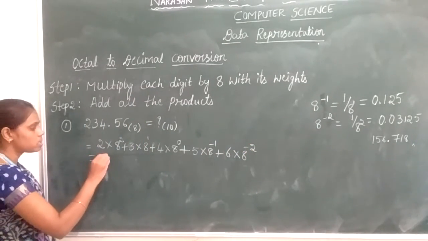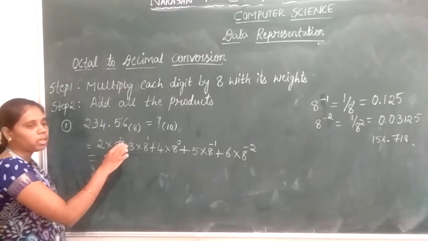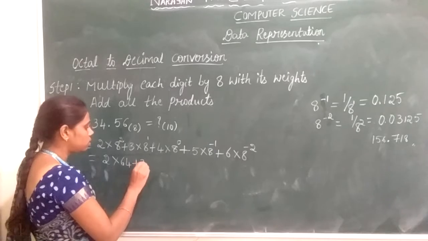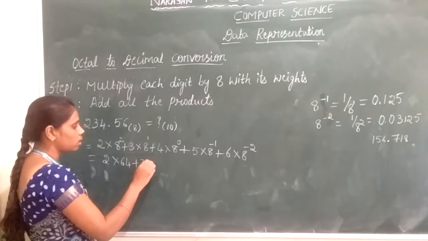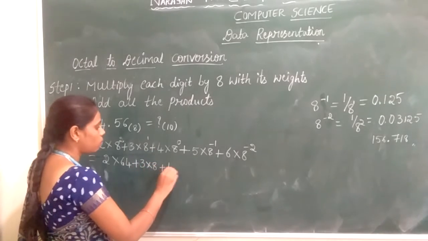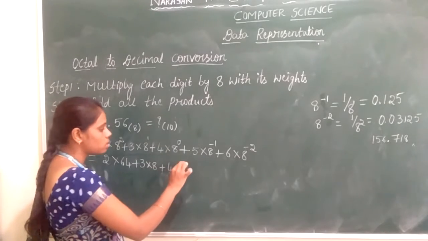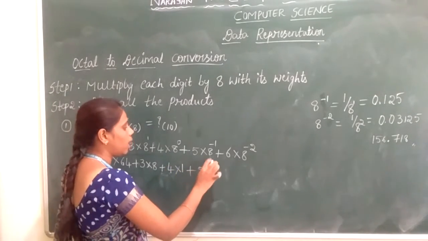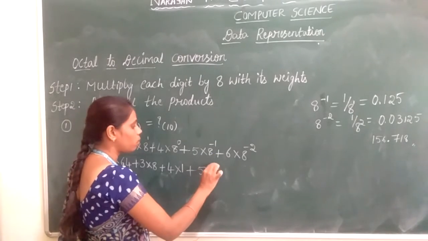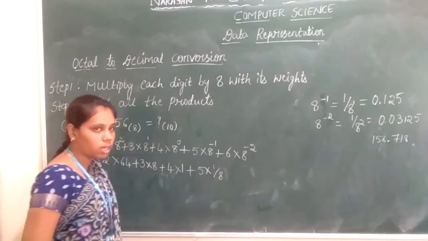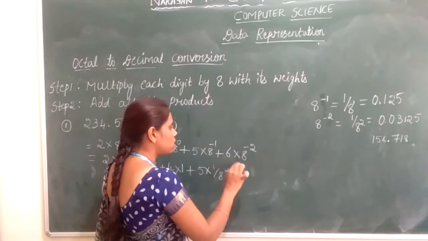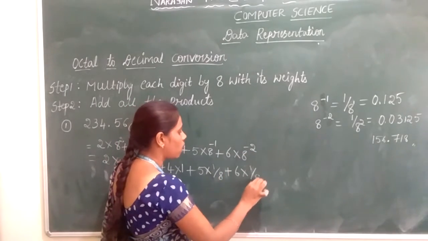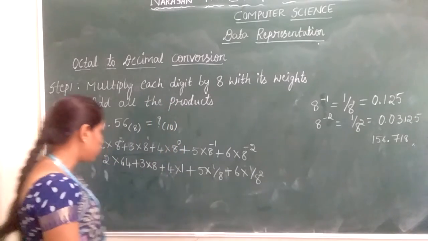Now expand these terms. 2 into 8 into 8 is 64, plus 3 into 8 power 1 is 8, plus 4 into 8 power 0 is 1, plus 5 into 8 power -1. 8 power -1 can be written as 1 divided by 8, plus 6 into 8 power -2, that can be written as 1 divided by 8 power 2.